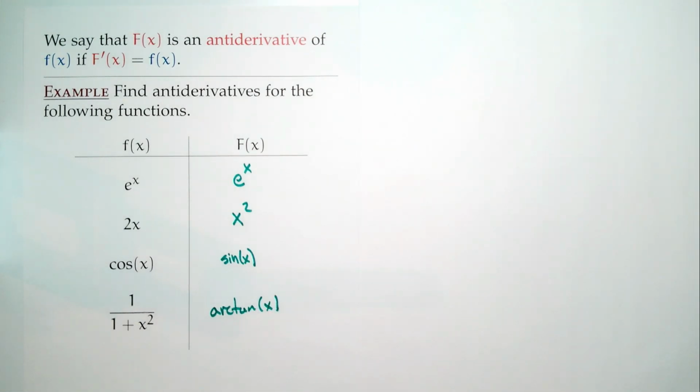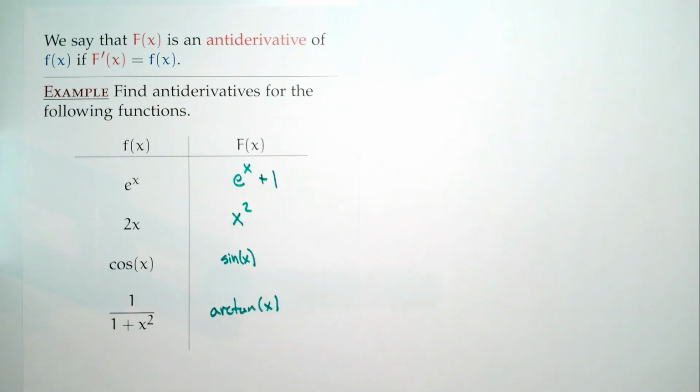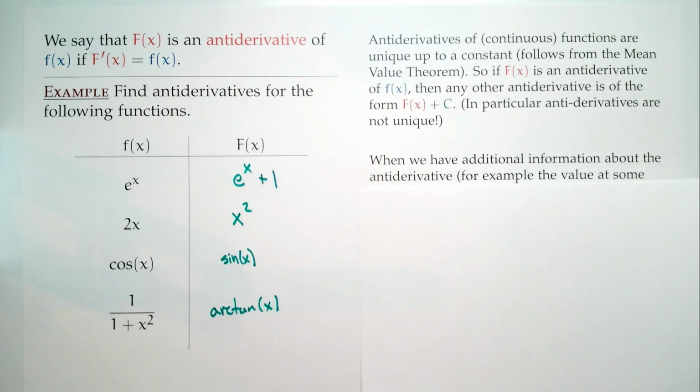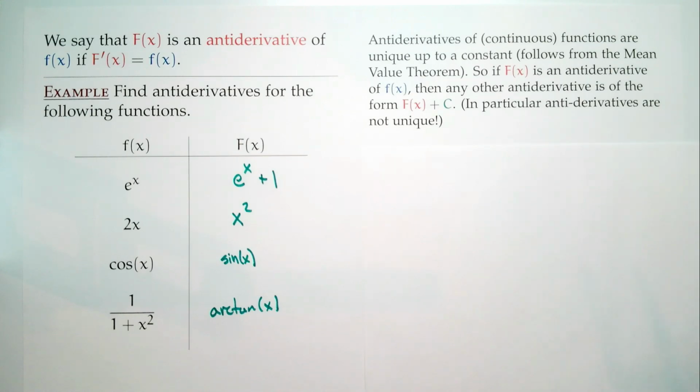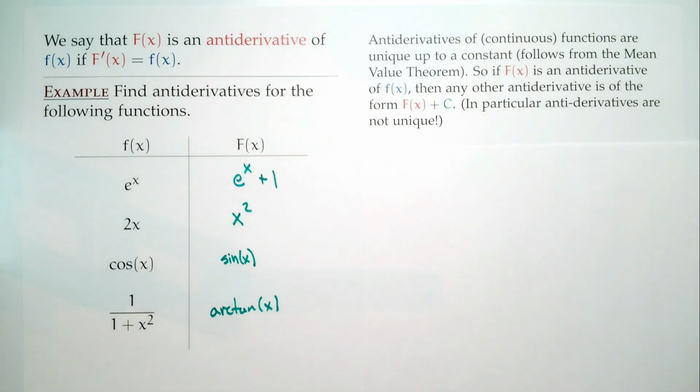Now, somebody said plus c, because it's certainly true that these are not the only antiderivatives that exist. So for example, if I went to the e to the x and I added 1, the derivative of e to the x plus 1 is still e to the x. So that says antiderivatives are not always unique. However, they're almost always unique in the following sense. When I have an antiderivative, any other antiderivative differs up to a constant.